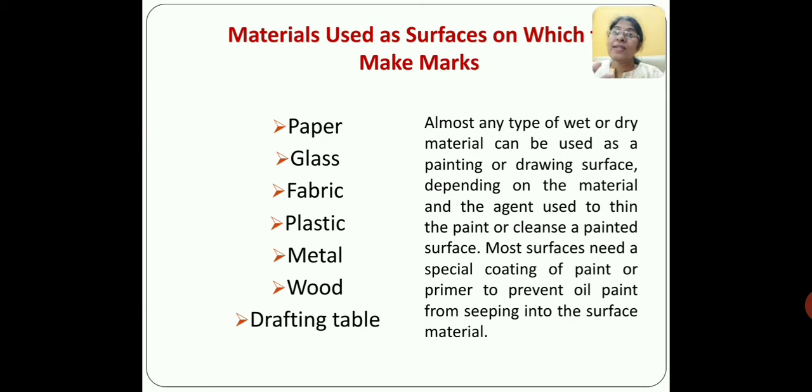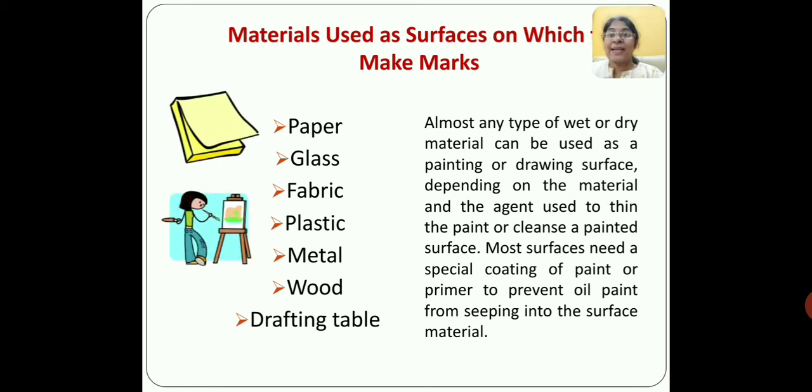That surface is not only paper, but several other surfaces can also be used. For example, paper, glass, fabric, plastic, metal, wood, drafting paper, anything can be used for painting. Almost any type of wet or dry material can be used as a painting or drawing surface.